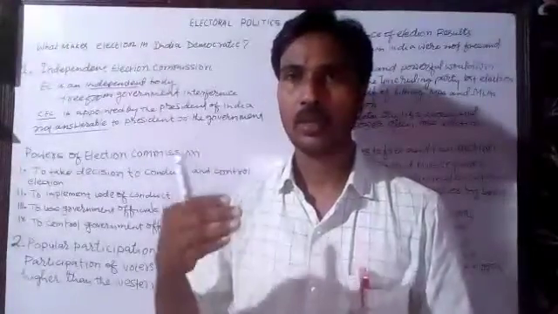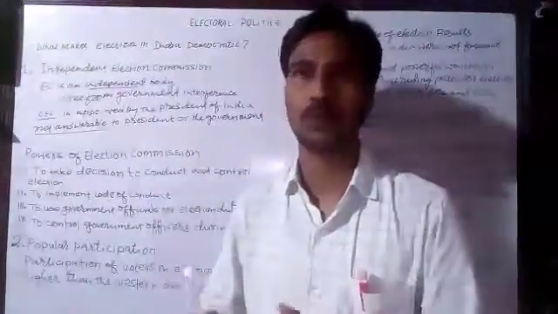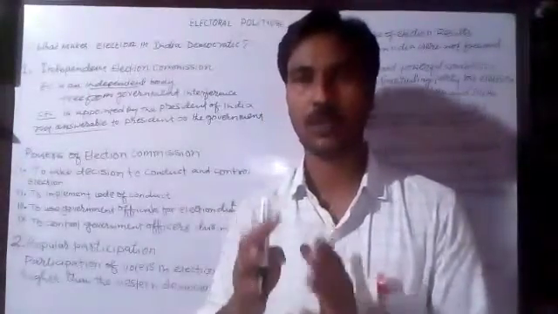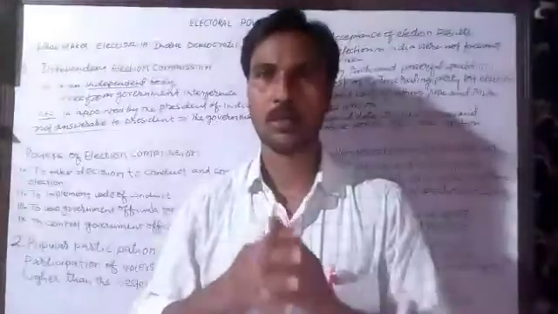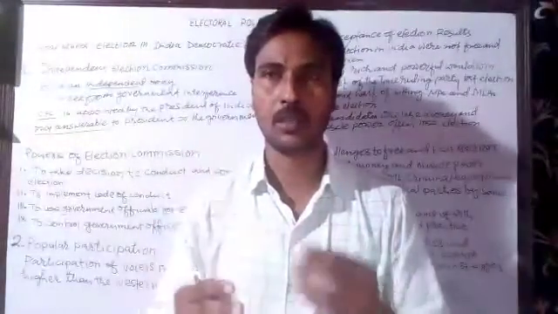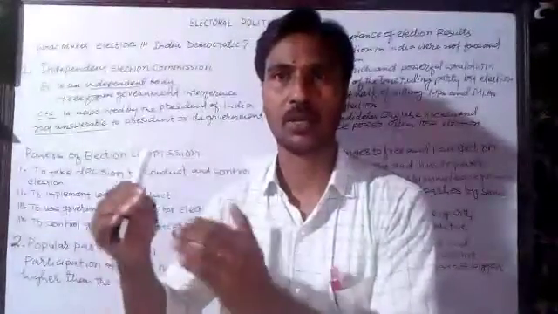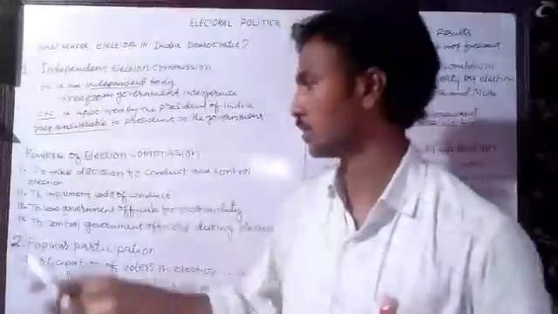If the political parties or candidates break those laws and do not follow them during the time of election, the election commission has the power to ban those political parties or candidates from conducting the election. So these are the powers of the election commission.